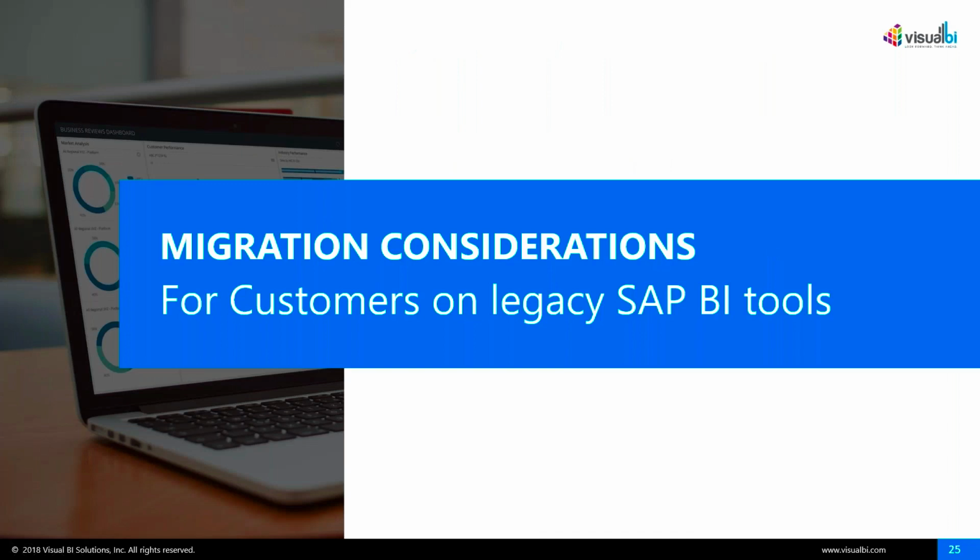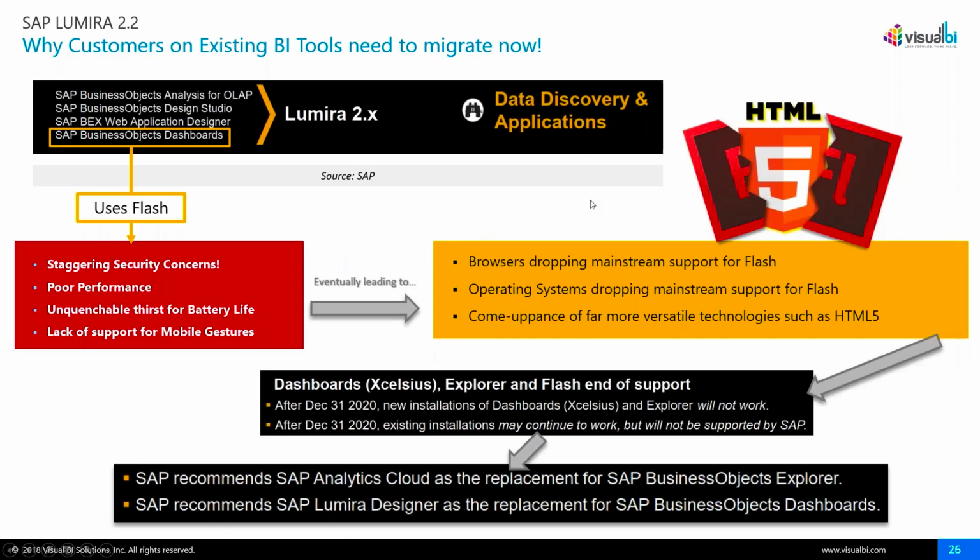Now, next up is the consideration when migrating from legacy BI tools, such as Excelsius or Web Application Designer. First off, most customers need to understand the reason why it's imperative to upgrade right now. The primary reason that tools like Excelsius or BusinessObjects Explorer need to be replaced is their dependency on Flash.